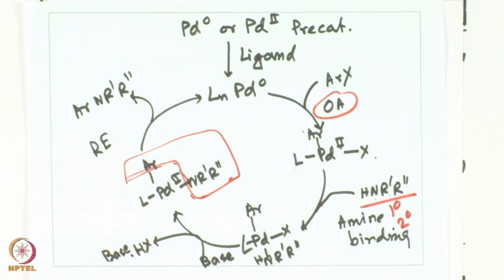Right. So, what we have seen in these cases is a similar transformation, or exactly similar transformation, to what we have seen for the carbon-carbon bond formation reaction. Oxidative addition, then transmetallation; in this particular case, amine binding and deprotonation, that is what happened. Of course, upon binding to the metal center, the amine NH becomes more acidic, and deprotonation becomes viable.